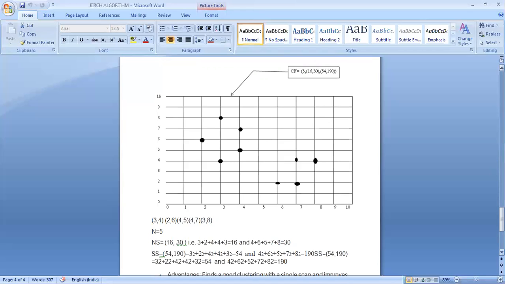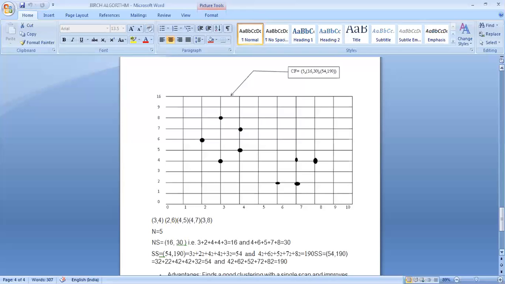LS is the linear sum, so add the x coordinates of all these 5 points: 3 plus 2 plus 4 plus 4 plus 3 equals 16. Similarly, adding the y coordinates, 4 plus 6 plus 5 plus 7 plus 8 equals 30. So LS equals (16, 30). SS is the squared sum.